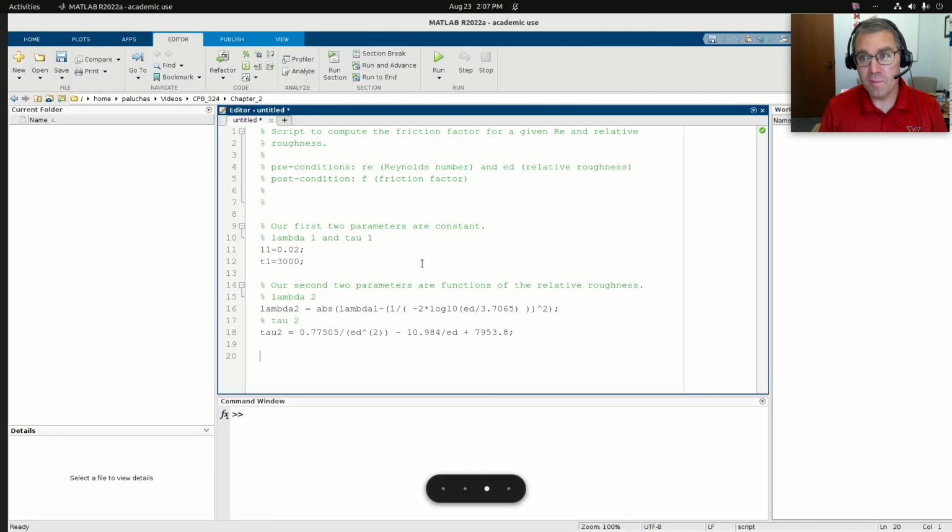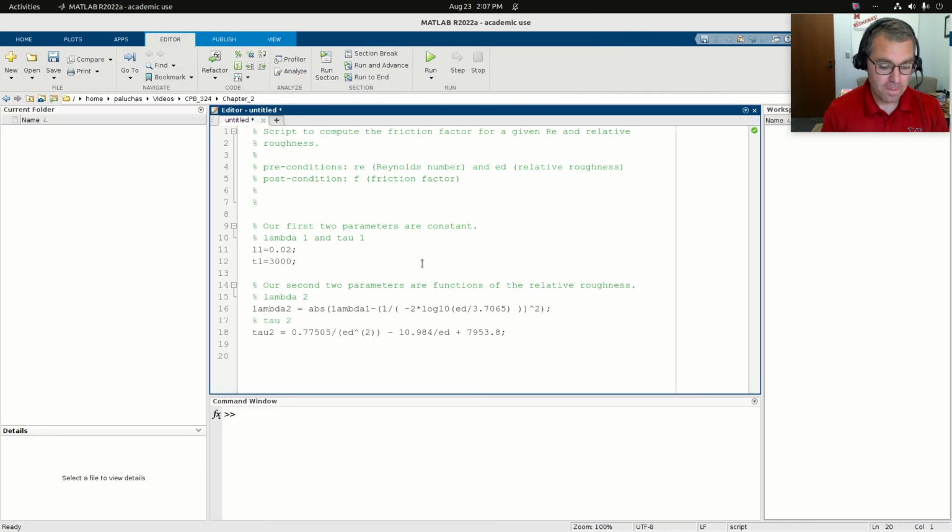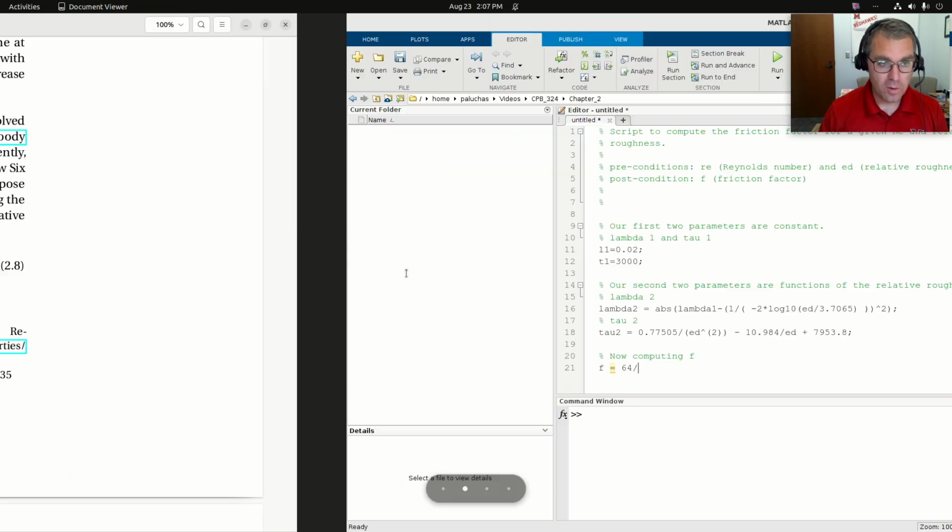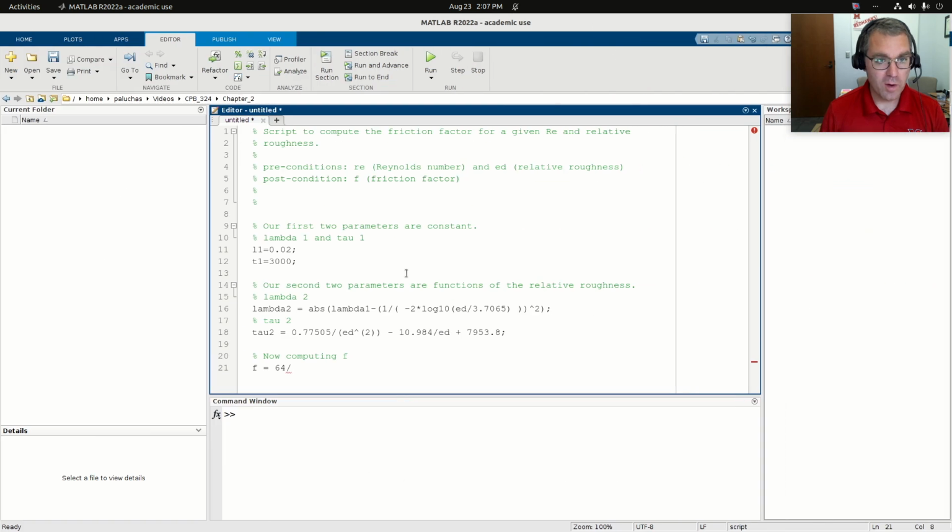Let's start typing it and see what it looks like. Now, computing f. f, which I have listed as my post condition, is 64 divided by my Reynolds number, which I say is RE.